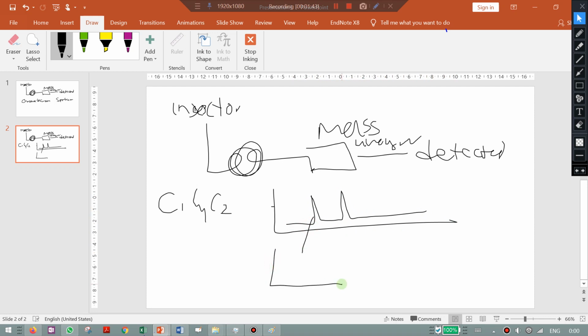For each compound, for each peak over here, they will have their own mass spectrum. This is the basic thing that I think I already mentioned in class, but in case I forgot to mention it, I need to mention it here.